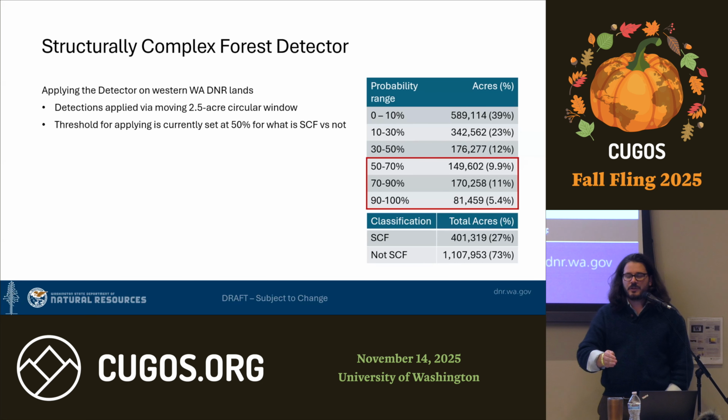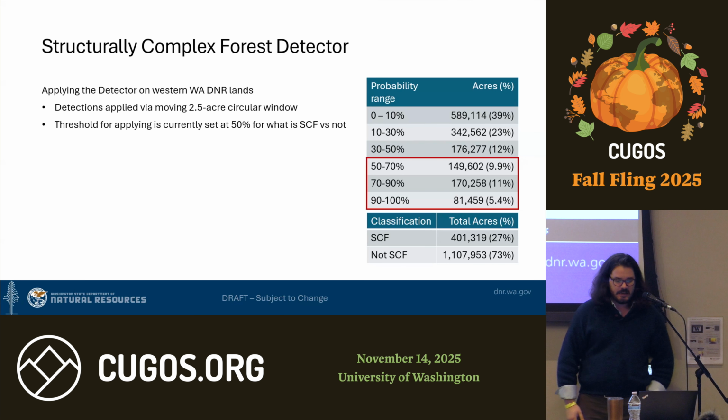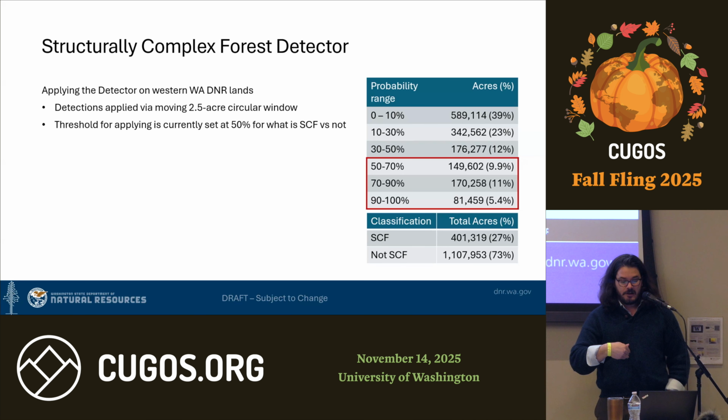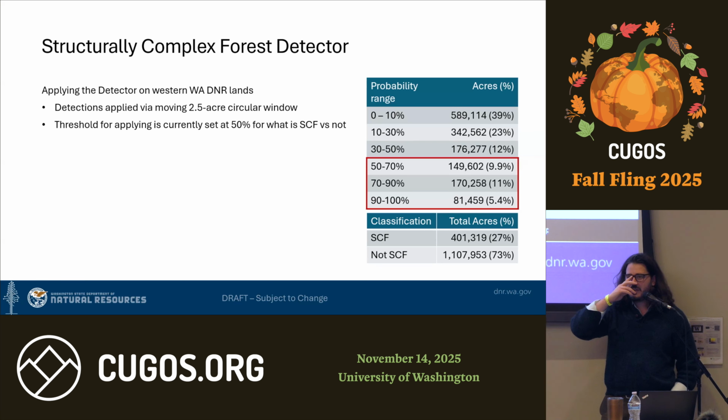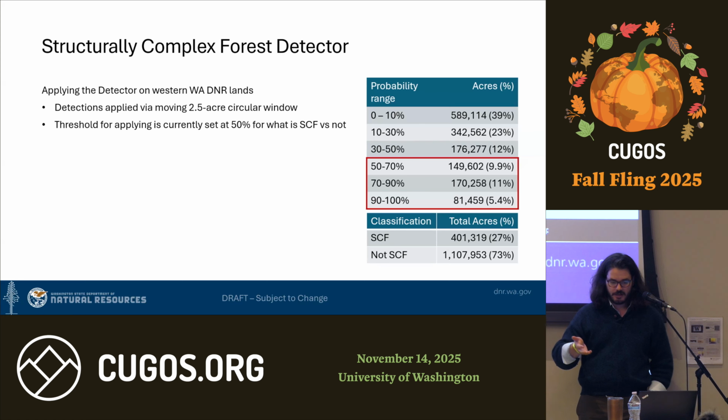Now, you get a probability. You can use whatever threshold you want for whether something is in a class or not. But maybe you would be interested in using 50%. And if you were to do that, we can see here in the little red box that we get about 27% of our land base is structurally complex.